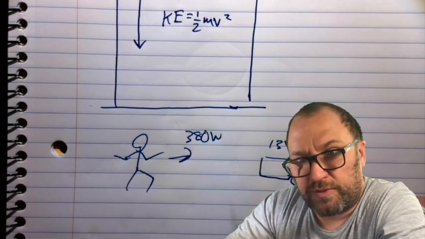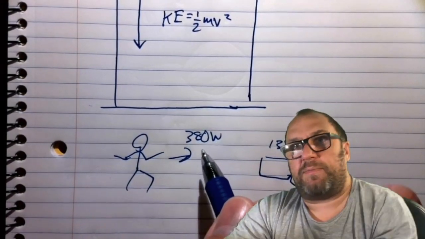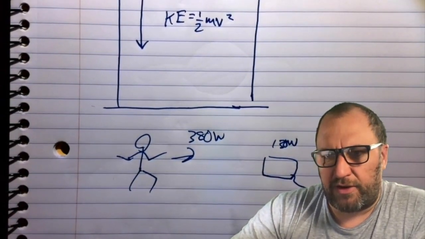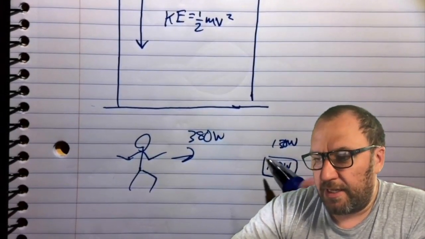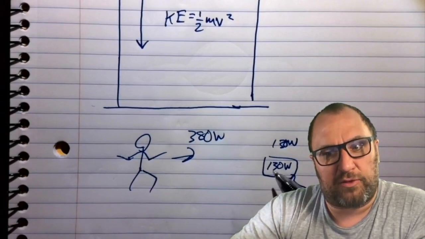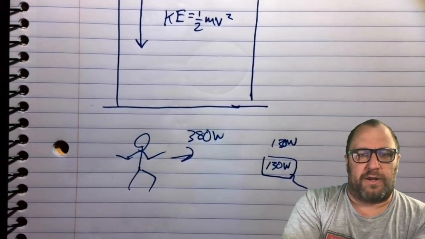How many toasters would it take to equal the same amount of power being dissipated by me? Well, it's about 3. If that's supposed to be 130 watts, how many toasters would it take? About 3. We'd be at 390. That's about a human.